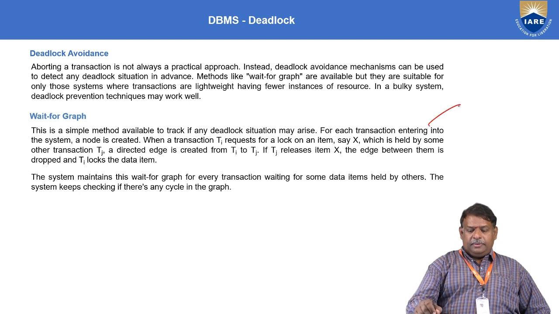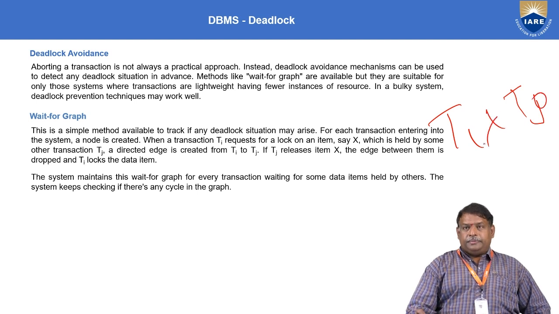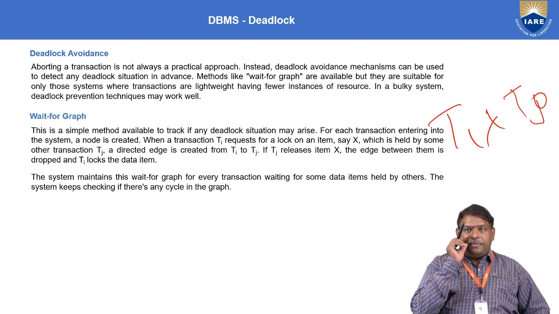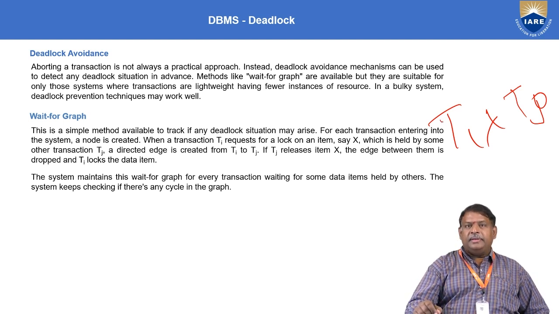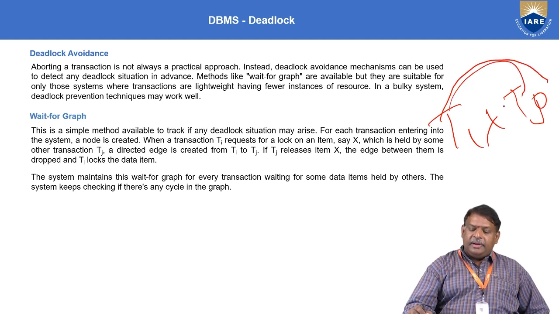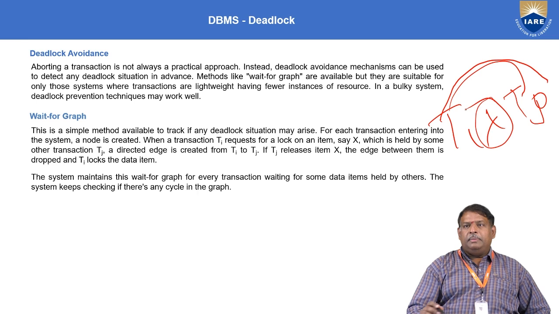See, Ti, Tj. Now Tj is using X. Here, in the wait-for graph, an edge is created from Ti to Tj, and Tj releases X immediately.